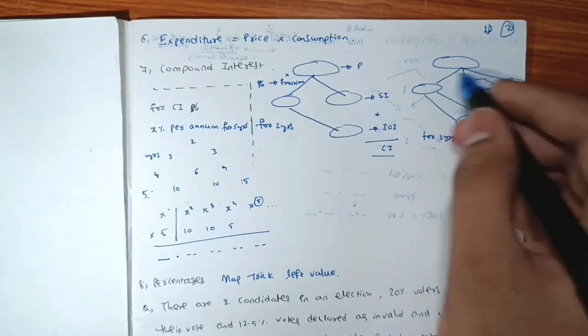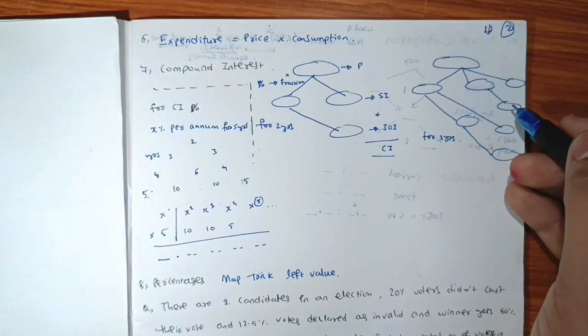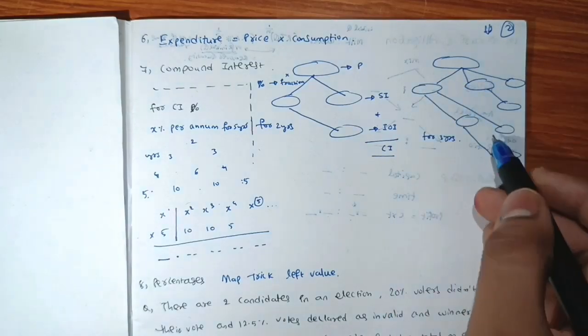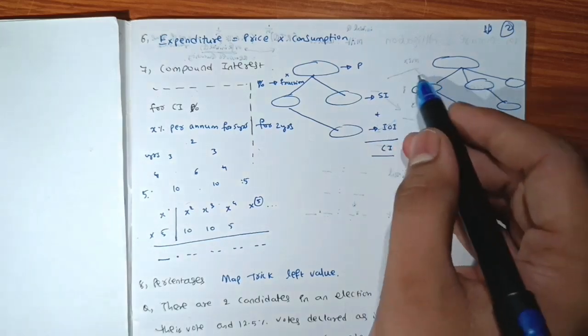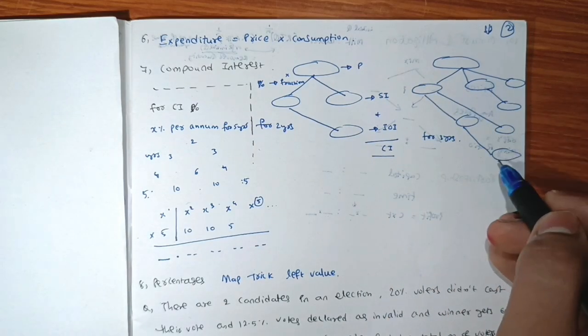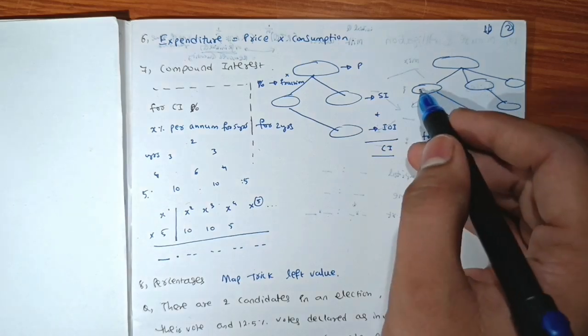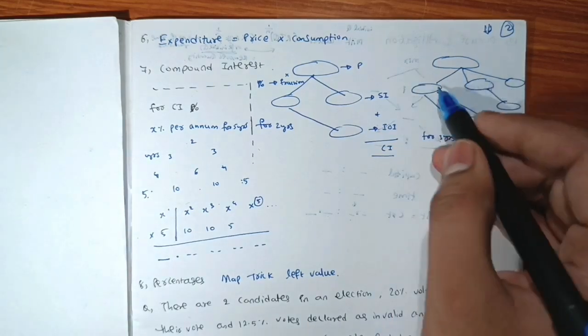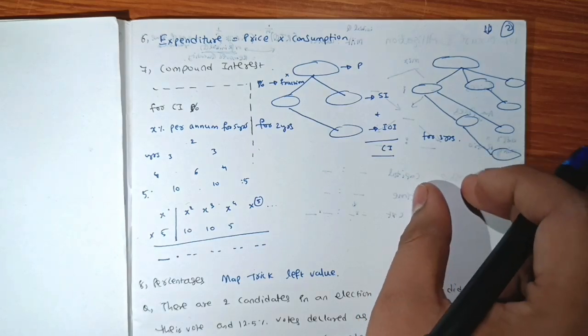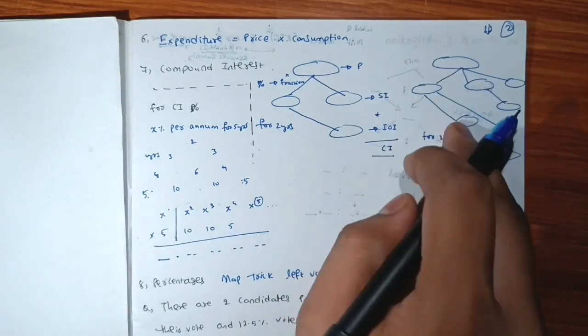This will be the SI, and all this will be the interest on the interest, and this is the interest on the interest on interest. The simple interest plus all this interest gives the compound interest. This is the trick for 3 years.